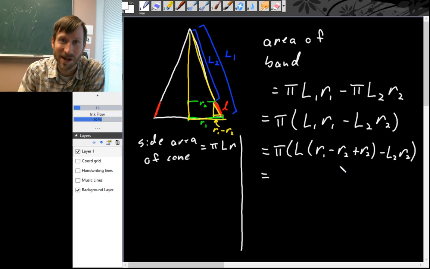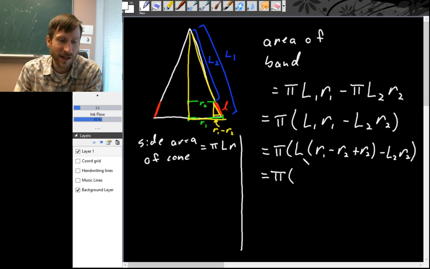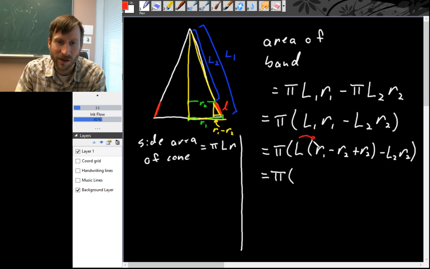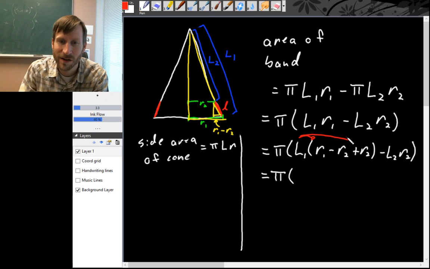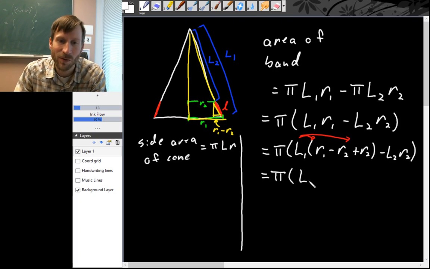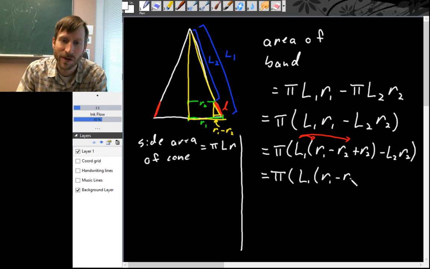Now we have the R1 minus R2 that we wanted. So let's distribute this L. Oops, this is supposed to be L1 here. Distribute this L1 like that, and we get L1 times R1 minus R2 plus L1 times R2 minus L2 times R2.